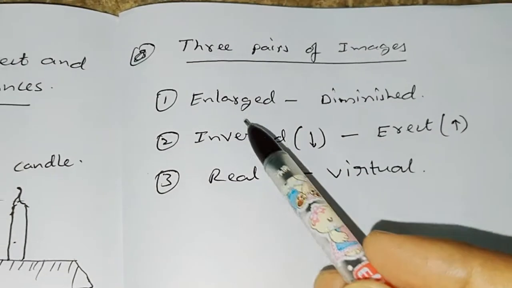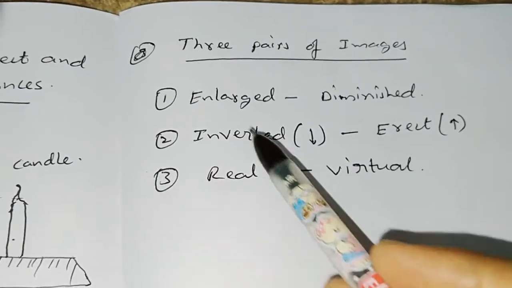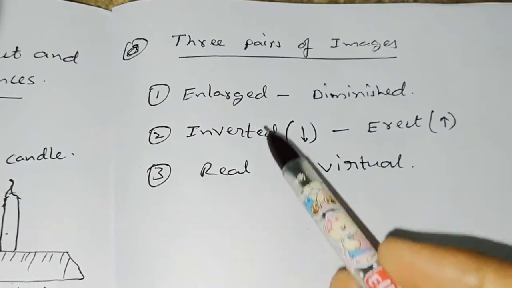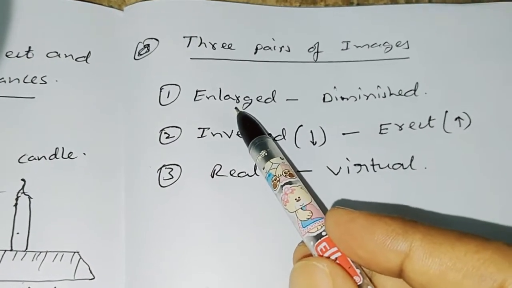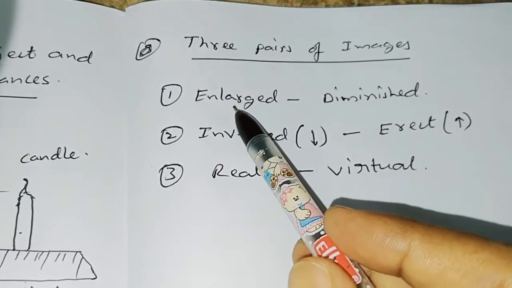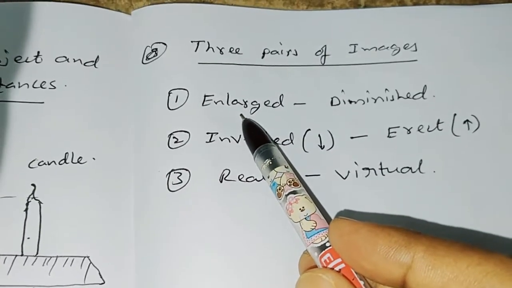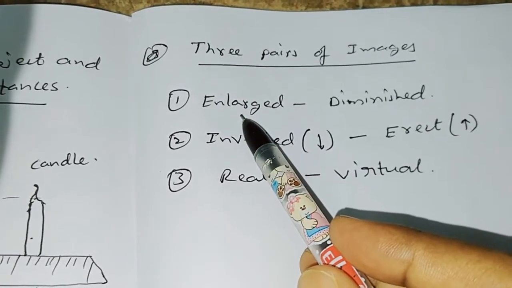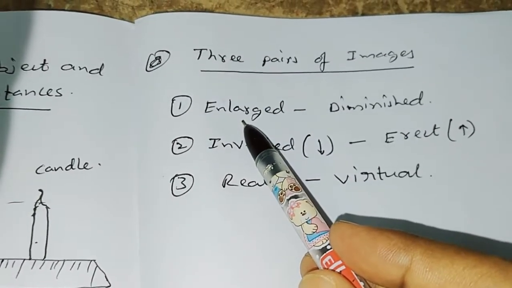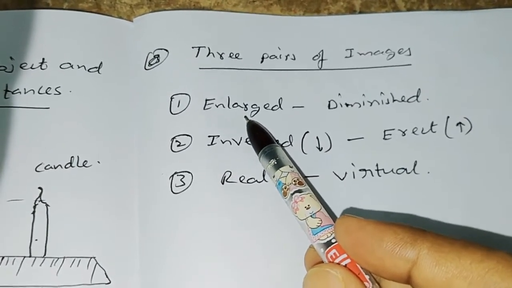Okay, so these are the three pairs of images. 3 twos are 6 types of images we have. So what is meant by enlarged? We can call it magnified also. Enlarged or magnified image means if the image appears greater in size than the real object, then that image is called an enlarged image.